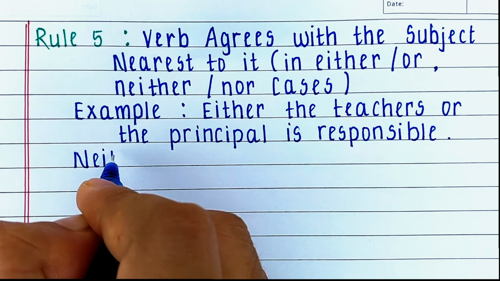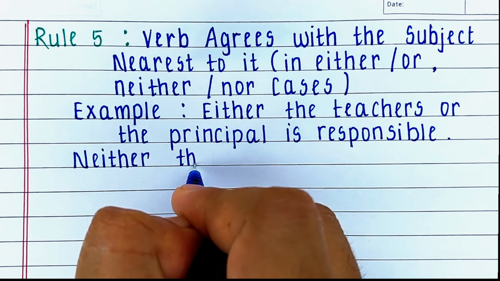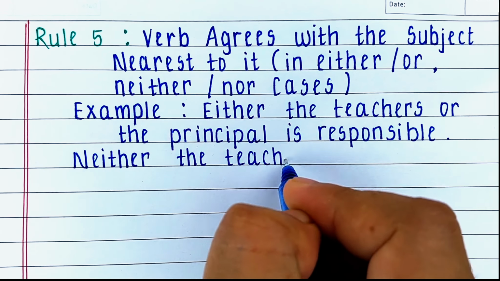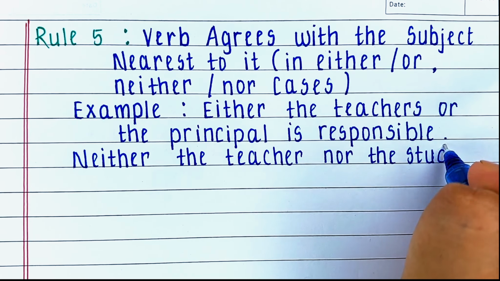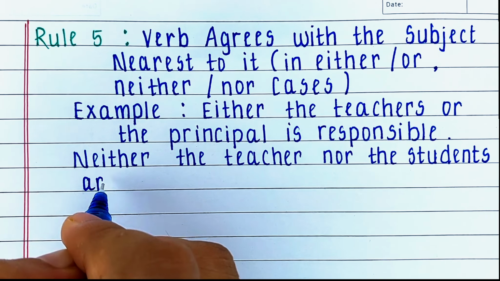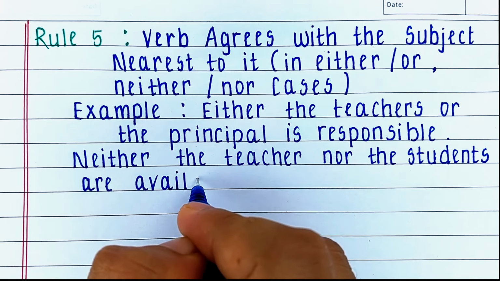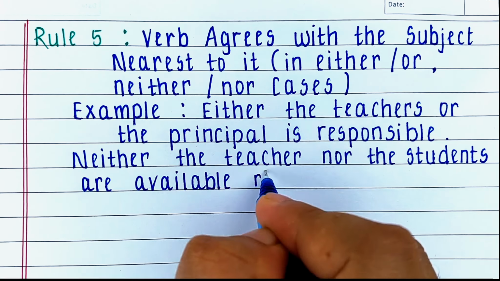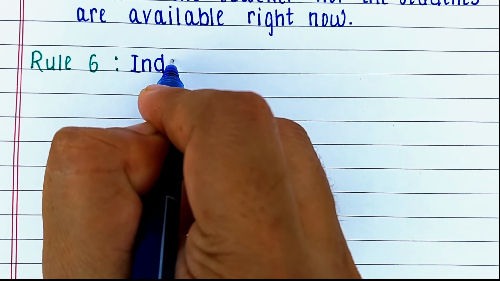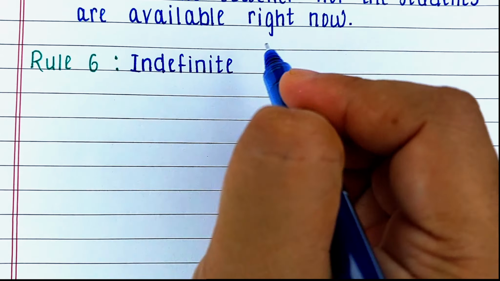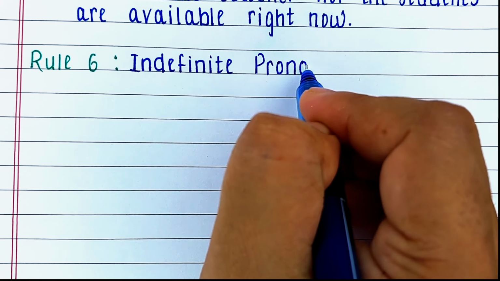As you can see here, principal is singular, that's why we have used is instead of are. Next example, neither the teacher nor the students are available right now. As you can see here, since students is plural, we have used are instead of is.